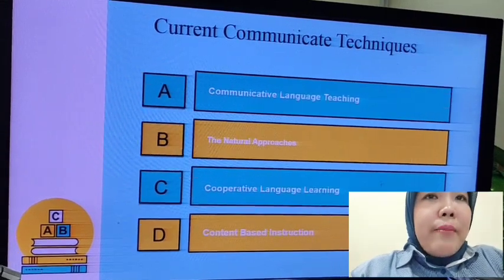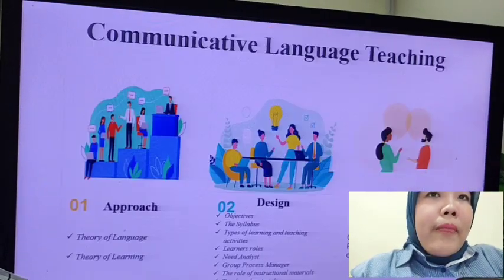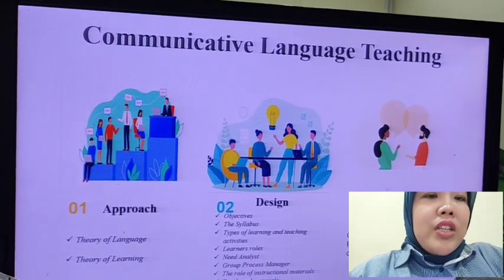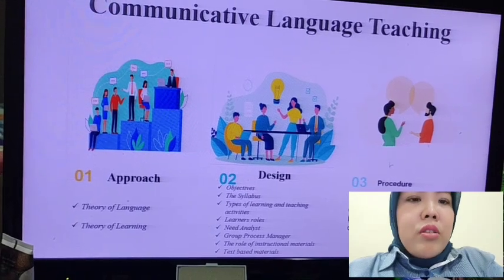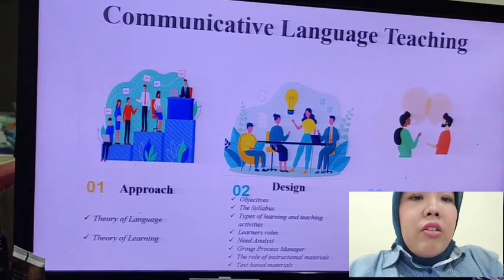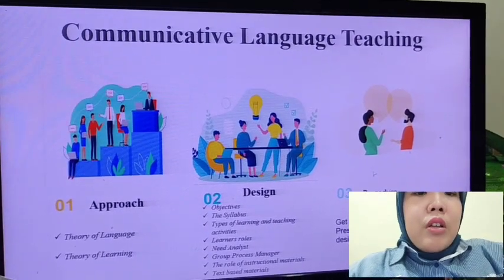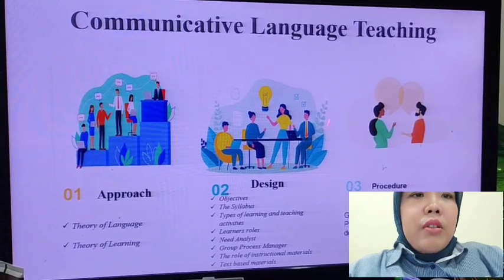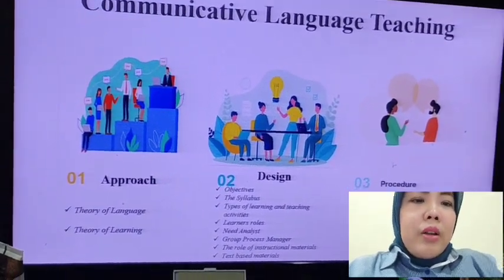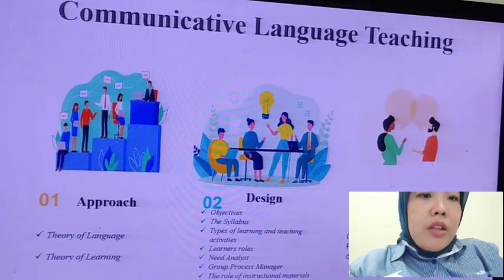In this time, I'm focused on discussing communicative language teaching, divided into three. First, approach by theory of language. Number 2, theory of learning. And the next, about design. Design part of objective. Number 2, syllabus.